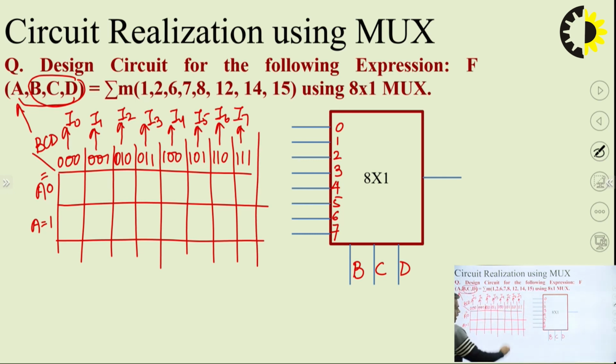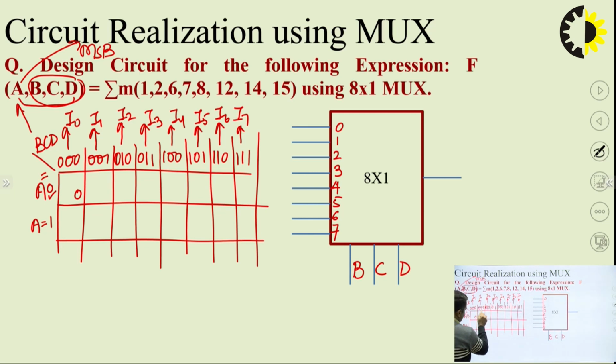So we are going to label these cells, and we should not forget that A is my MSB. So the flow of counting will be from A to D. If I read the value of A first and then BCD, A is 0, BCD is 000, so this cell can be labeled as 0.